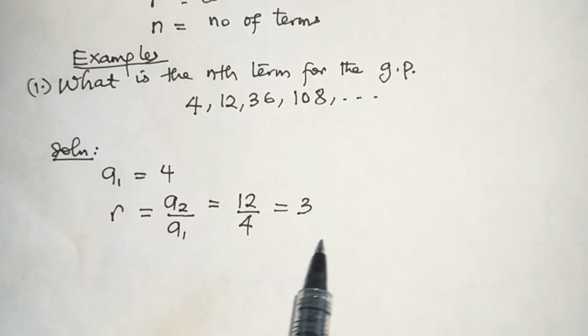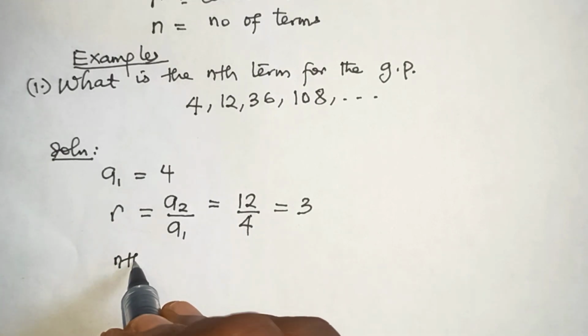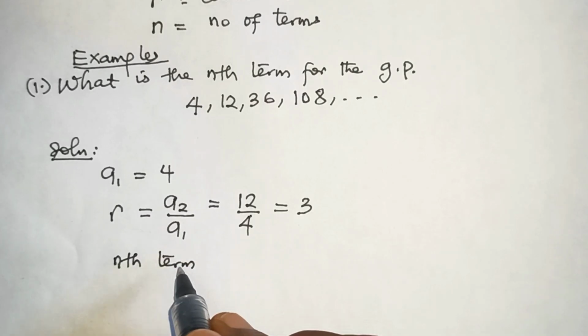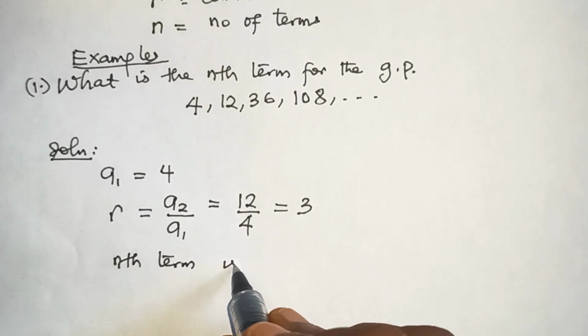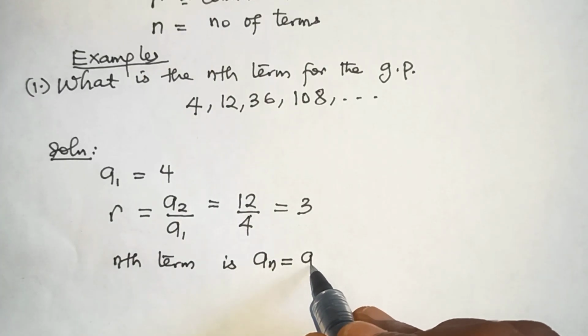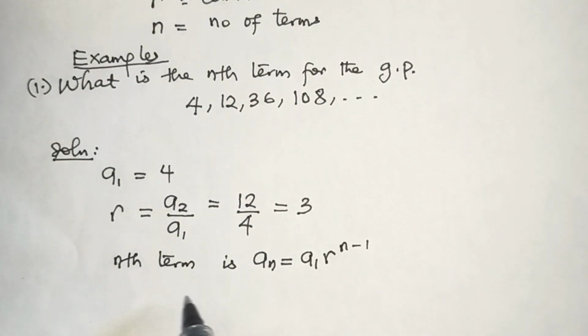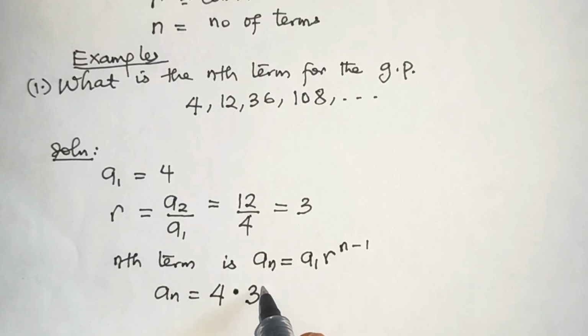So the common ratio is r, then the nth term is a_n equal to a1 r raised to power n minus 1. a1 is 4, so we have 4 times r is 3, so we have 3 here, raised to power n minus 1.